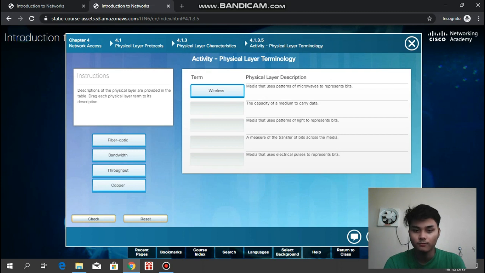The capacity of a medium to carry data is the bandwidth. The bandwidth can carry more data, and it is the capacity of a medium.